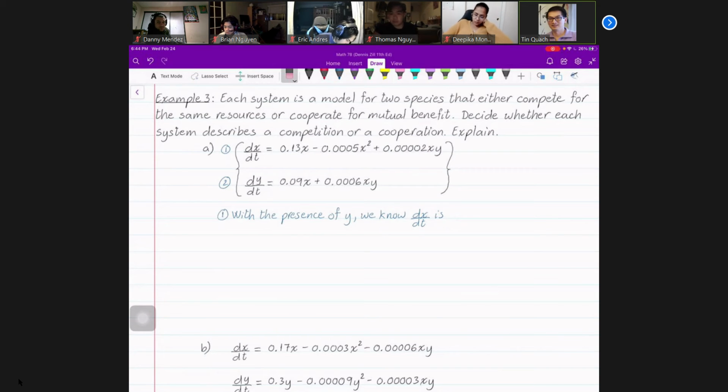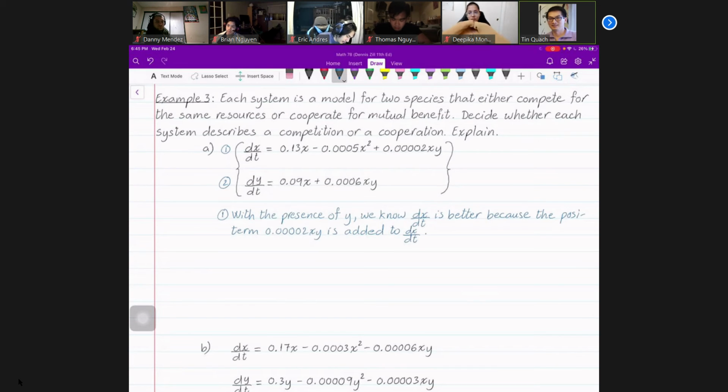So how do we say it? dx/dt is bigger because the positive term, which is this term 0.0002xy, is added to dx/dt. Okay, so that's what we know.